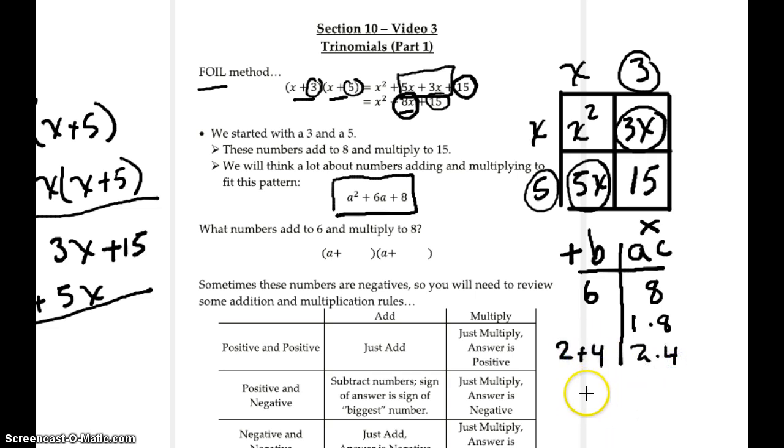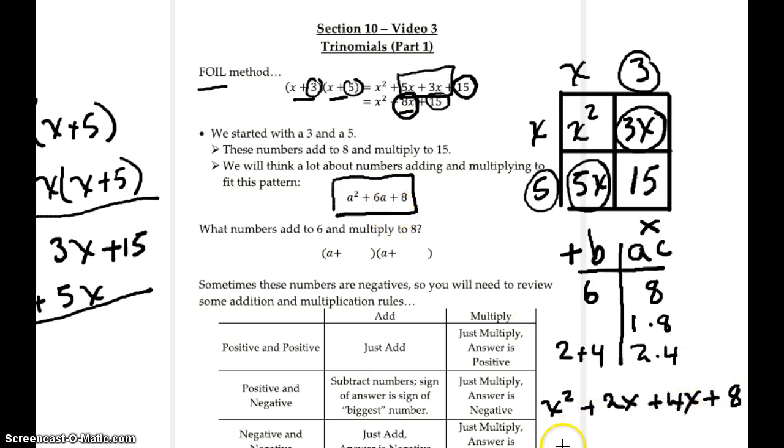So now we know that our x's were 2x and 4x. And we have x squared plus 2x, because I'm using x, plus 4x and we have plus 8. We know that now the x squared, the 2x plus 4x, and the 8.